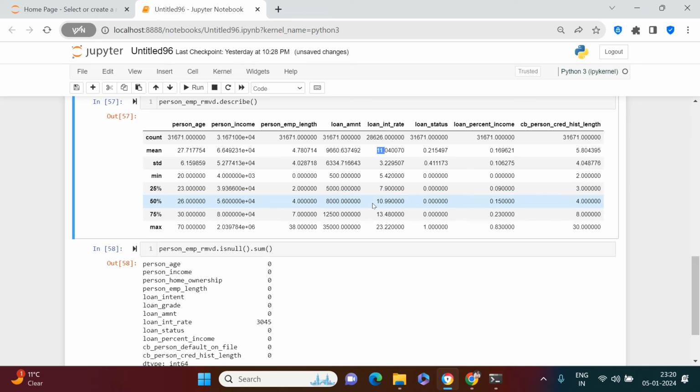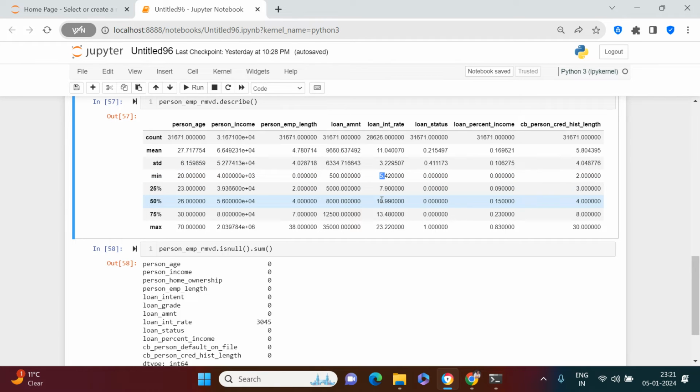What is the median? The median is 10%, which means half of the data has a rate of interest of 10% or less. And see, the maximum is 23% and minimum is 5%.